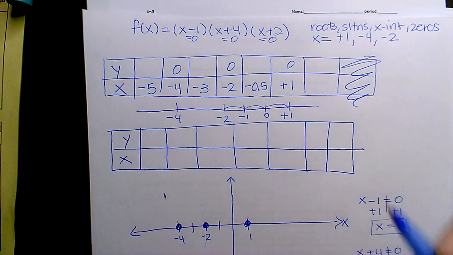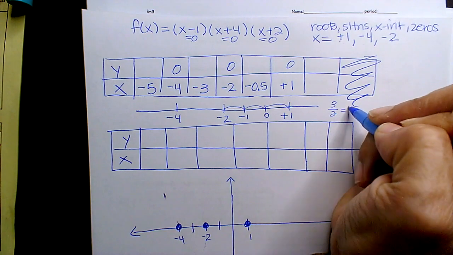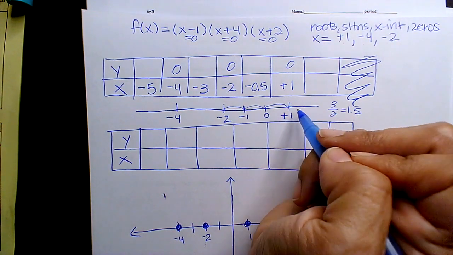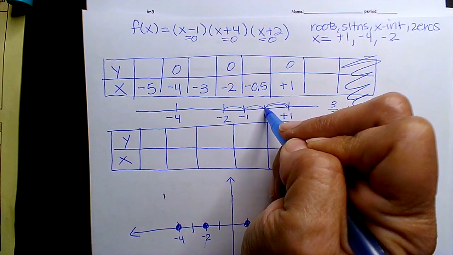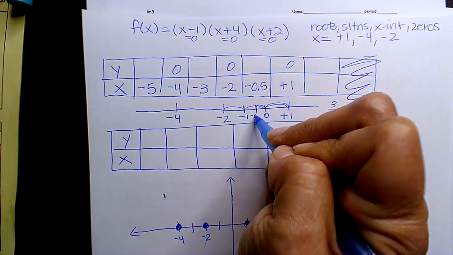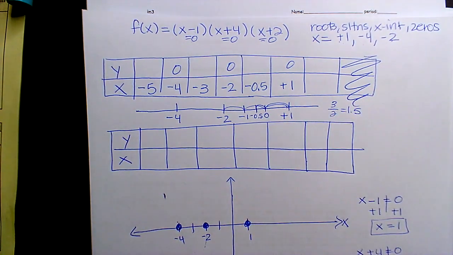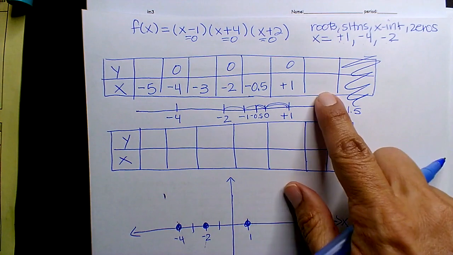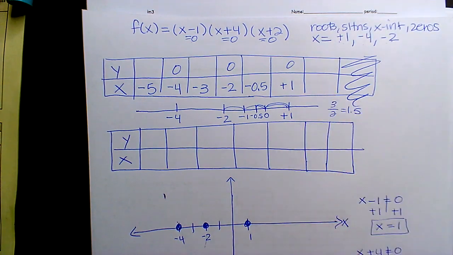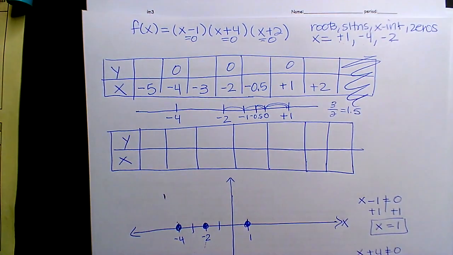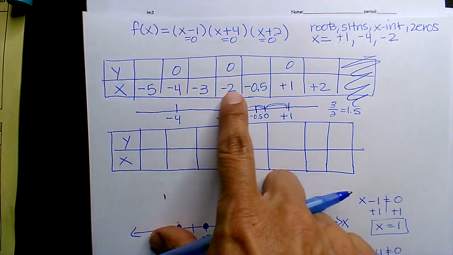So what's half of 3 units? 1.5. So go 1.5 in. 1 unit and a half, there's my -0.5. Yeah? Okay, and then give me a number to the right of 1. +2. All right, you can go ahead now.